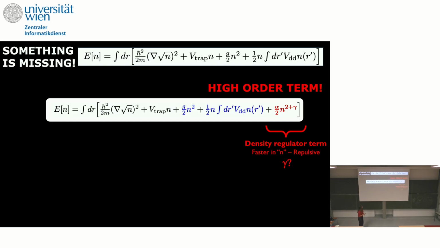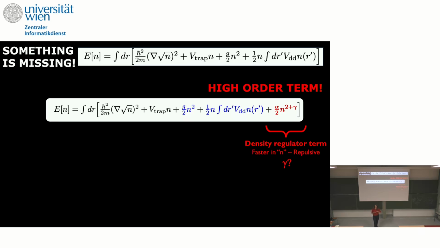After a very intense debate in the community, with me doing experiments and Stuttgart doing other experiments, we were trying to understand, and we took older papers. So we started to understand more and more, we and the community, that if you take the energy functional and you add an additional term that grows in density faster than the mean field contribution, then this term could act as a density regulator.